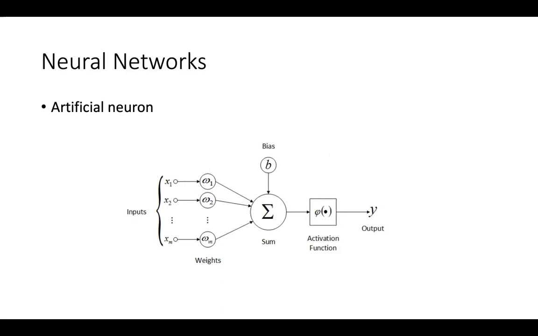The single neuron aggregates information from the different features, and there's also a bias, which you can think of as x0 being 1 all the time.